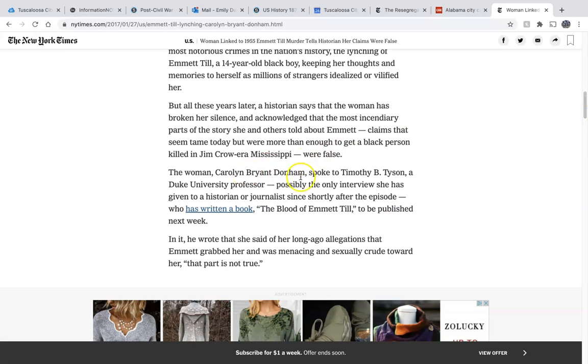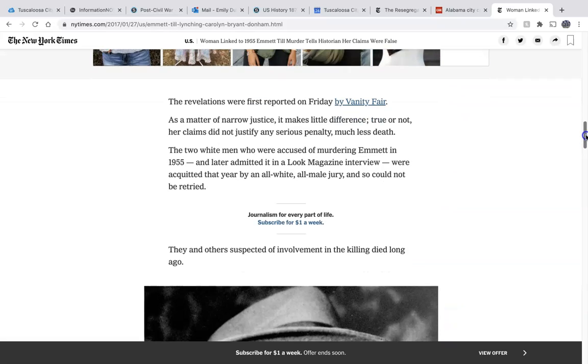The woman, Carolyn Bryant Donham, spoke to Timothy B. Tyson, a Duke University professor, probably the only interview she has given to a historian or journalist since shortly after the episode, who has written a book, The Blood of Emmett Till, to be published next week. In it, he wrote that she said of her long-ago allegations that Emmett grabbed her and was menacing and sexually crude toward her, that part is not true.